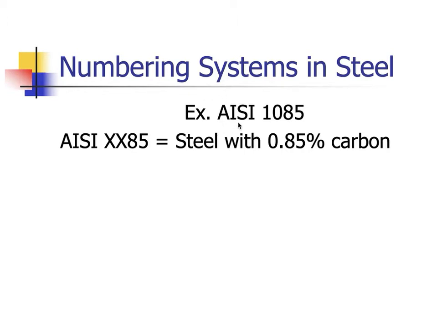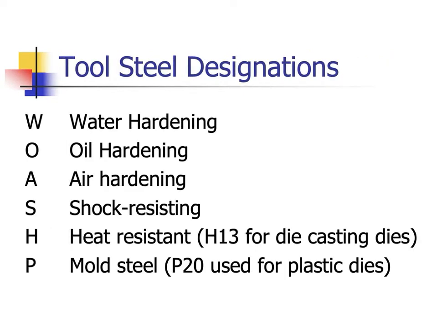By the way, AISI or SAE, sometimes they have here, means the American Iron and Steel Institute or Society for Automotive Engineers, and they both help make standards for materials back in the old days. Okay, so let's say I want a specific steel that's going to be able to withstand sudden impacts.